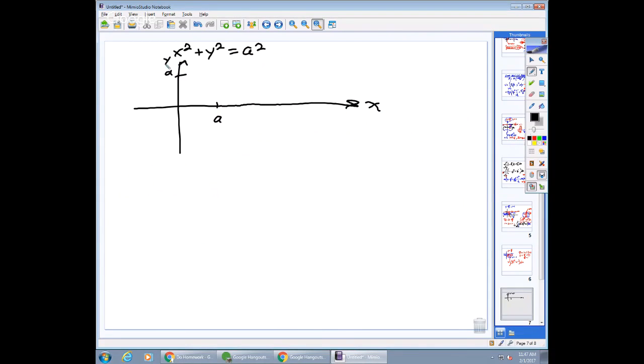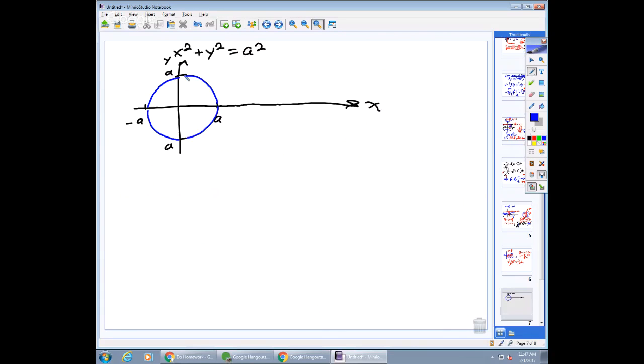That's the y-axis. Negative a would be about here, and a is about there. So draw your best circle radius a. And let's go with blue. So here is mine in 4 pieces. That's not bad. All right.